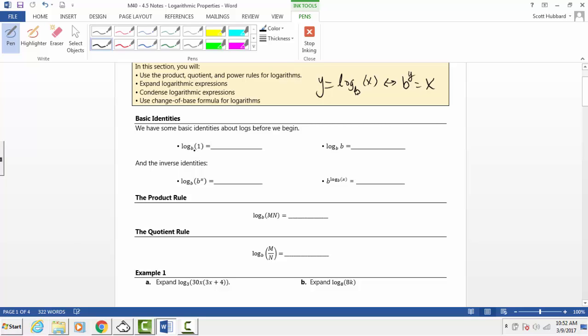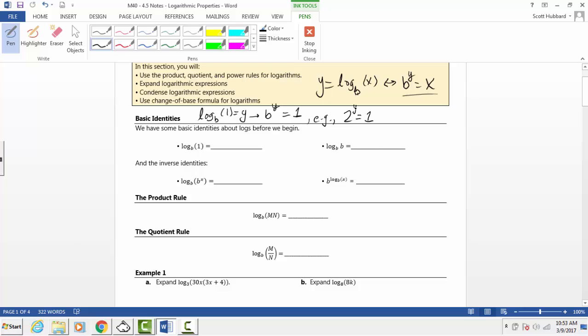So for instance, if this says log base b of 1, let's call that a number that we don't know. So log base b of 1 is some number that we don't know. We'll call it y. If you convert it to exponent form, this is going to be b to the y is equal to 1. Now b is any number that's bigger than 1, so as an example, if I had 2 to the y is equal to 1, really the unknown here is y.